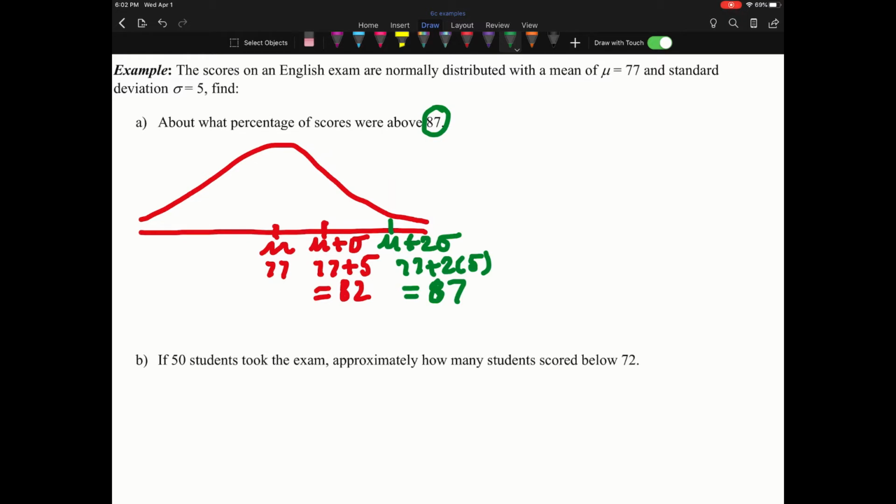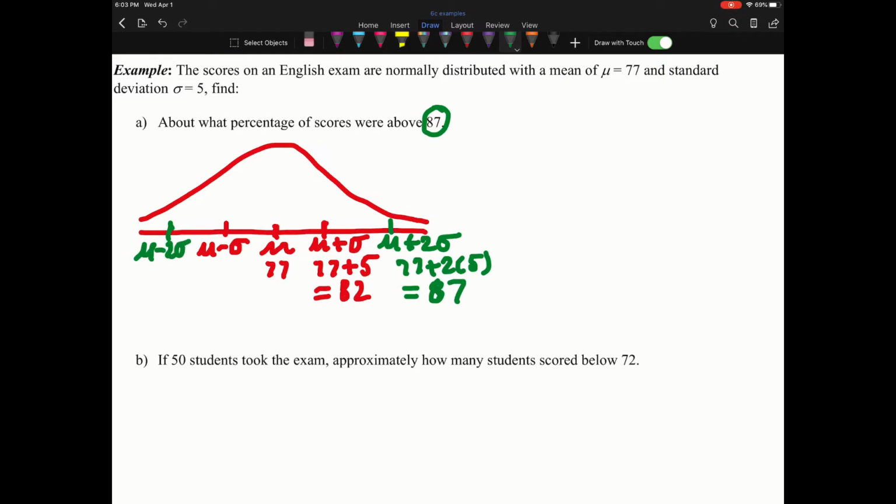So looking on the other side of the curve, due to symmetry, we have the following. If I subtract mu minus 1 sigma, that would be the value. And if I now subtract 2 times sigma from mu, I have another value.